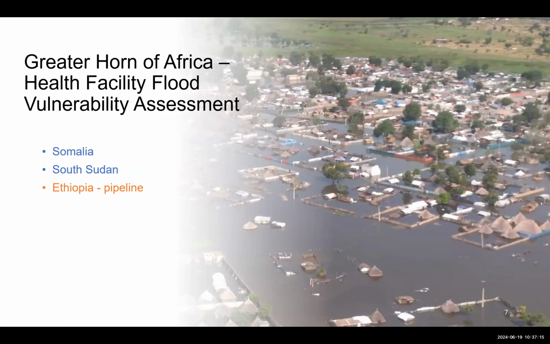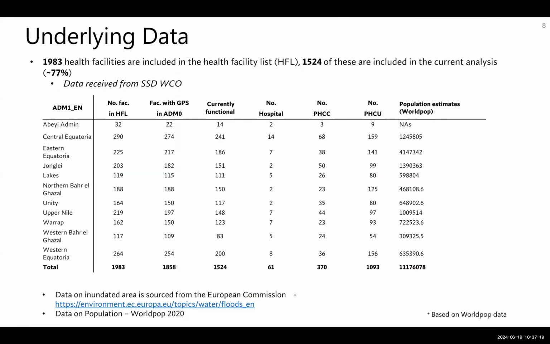That meant looking at some key data sets, which my colleague in the previous presentation touched on. We received data on health facilities from the country office, about 1,900 of them, and out of that, we used about 77% of the data. This was because some of the data sets didn't have GPS coordinates, or they were just not fit for use.